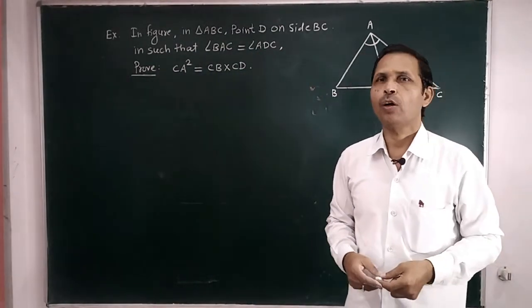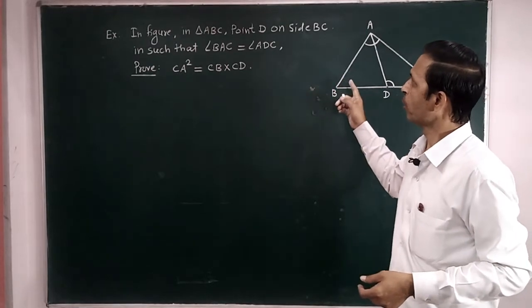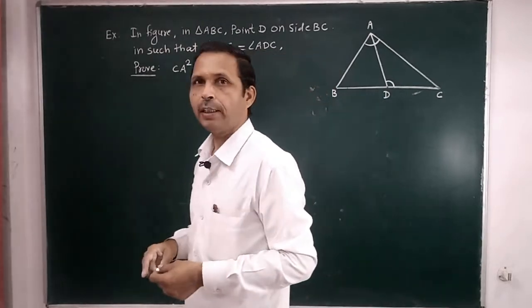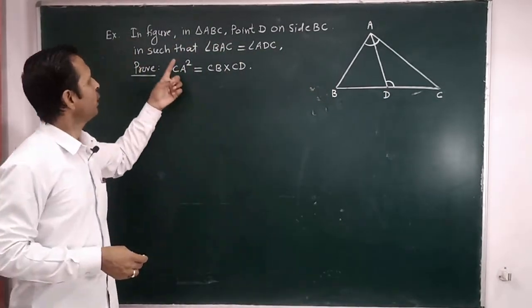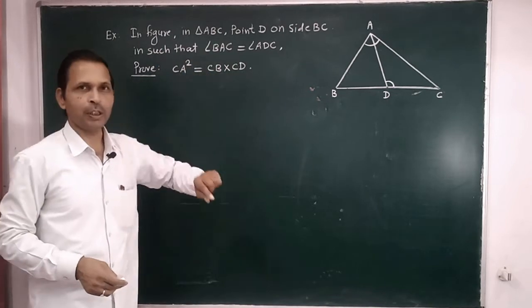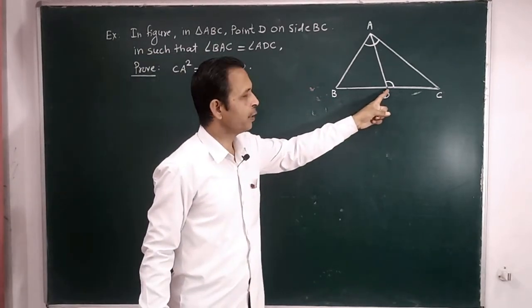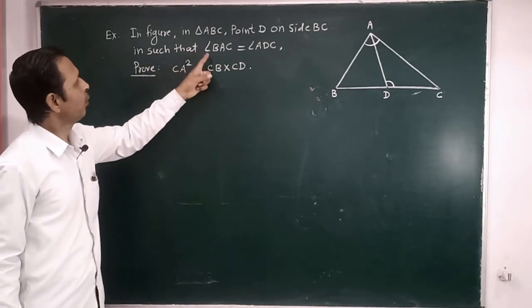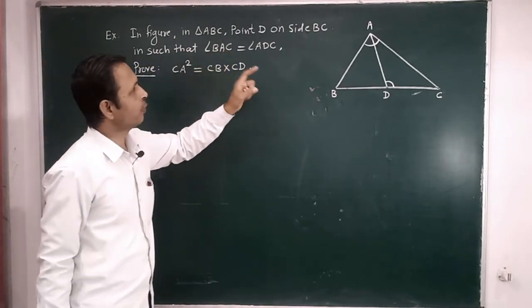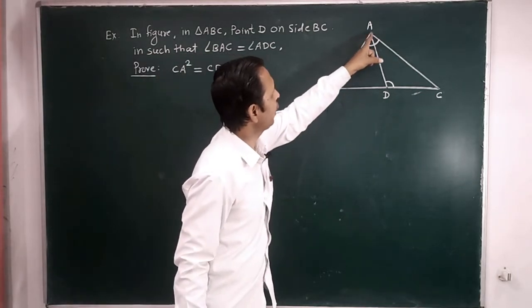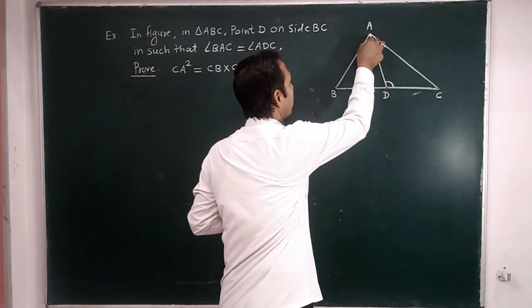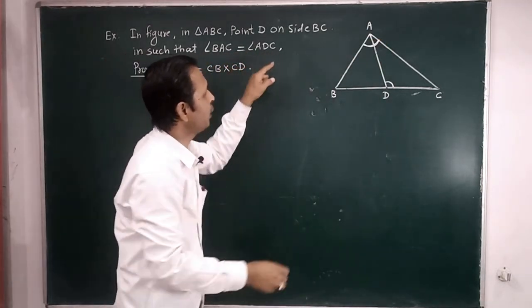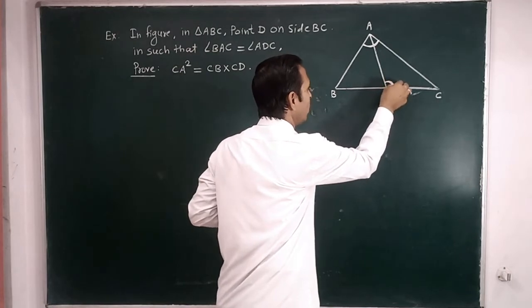Now when we observe this example, we are given a triangle ABC. In that triangle ABC, point D is on the side BC in such a way that angle BAC, this total angle, is congruent with angle ADC.